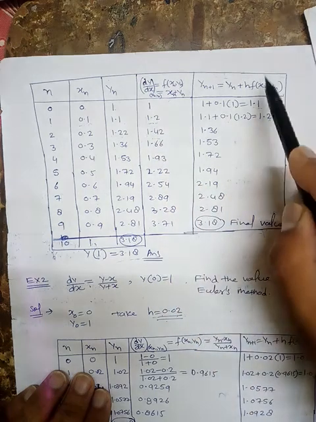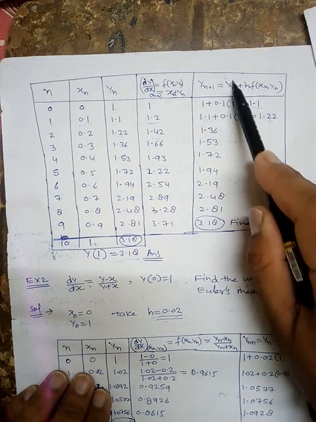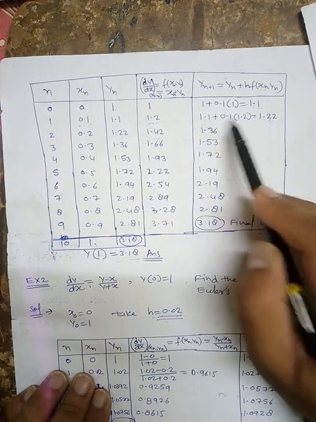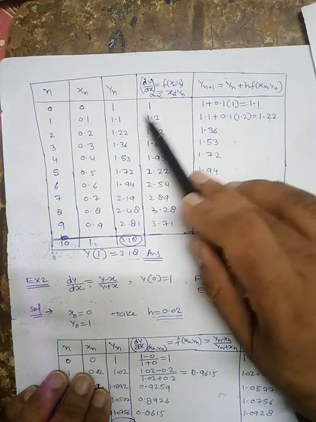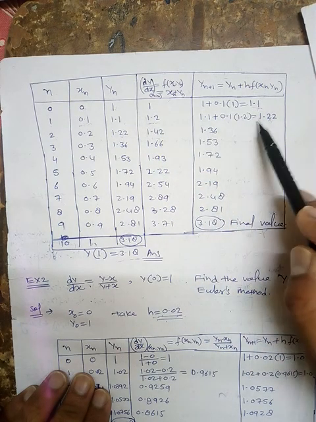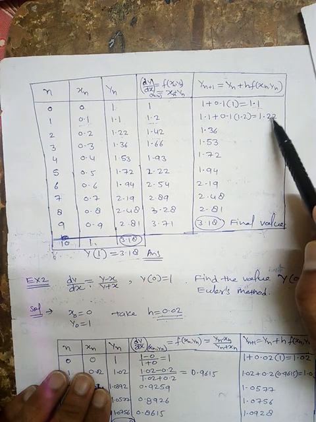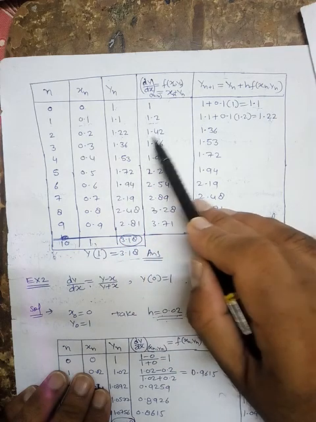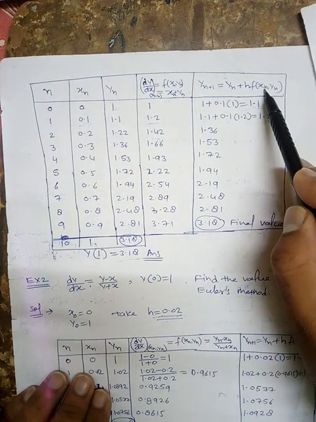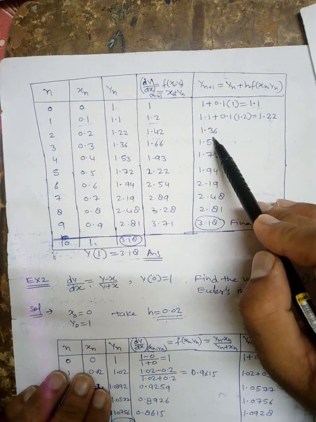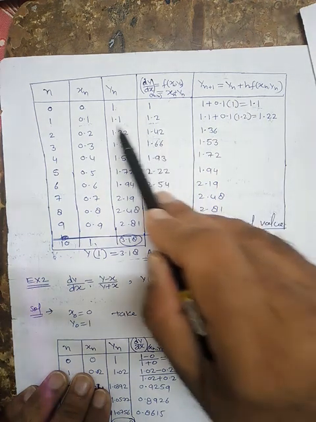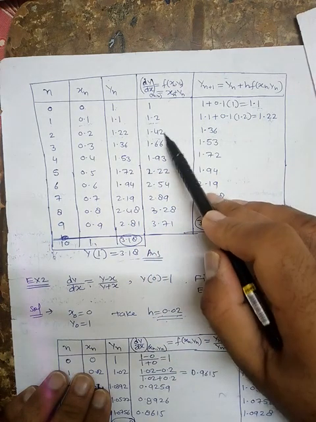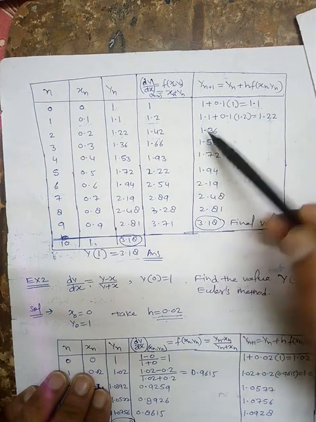Substitute in the formula: y1 is 1.1 plus h times f of x1 y1, which is 1.2, simplify to 1.22. Now for x2 y2, take their sum 1.42. Substitute: 1.22 plus 0.1 times 1.42 gives 1.36, and so on.